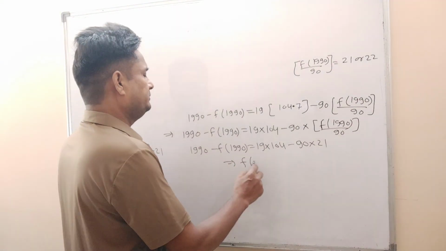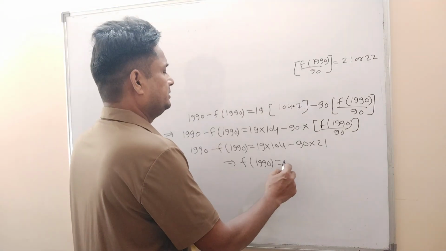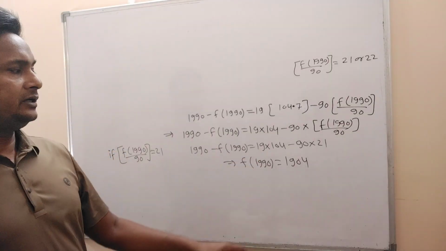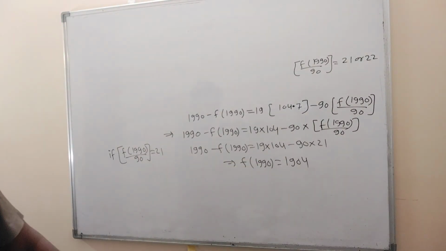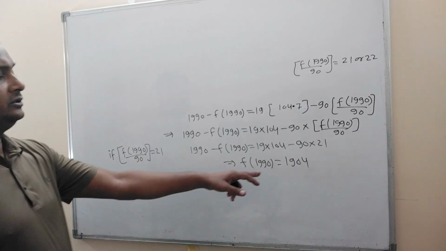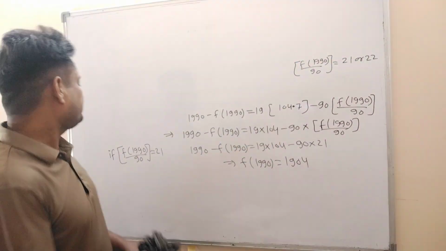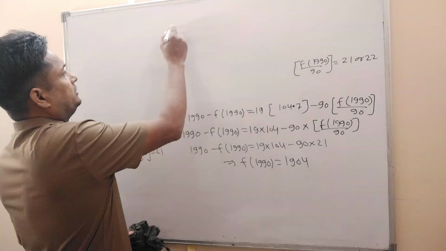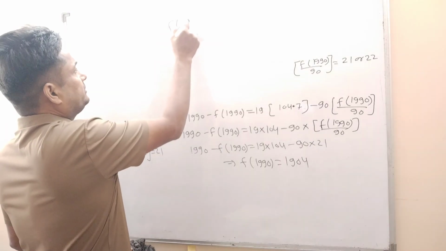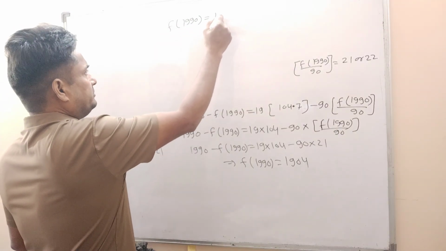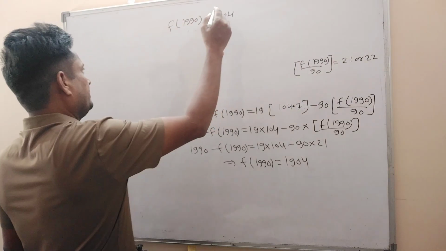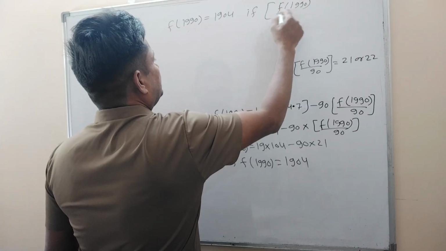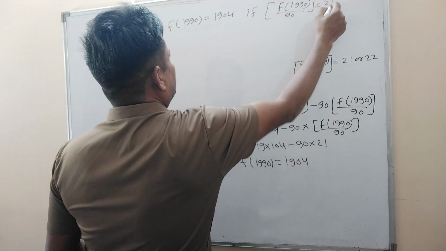From here you will get f(1990) equal to 1904, if the greatest integer of f(1990) divided by 90 is equal to 21.